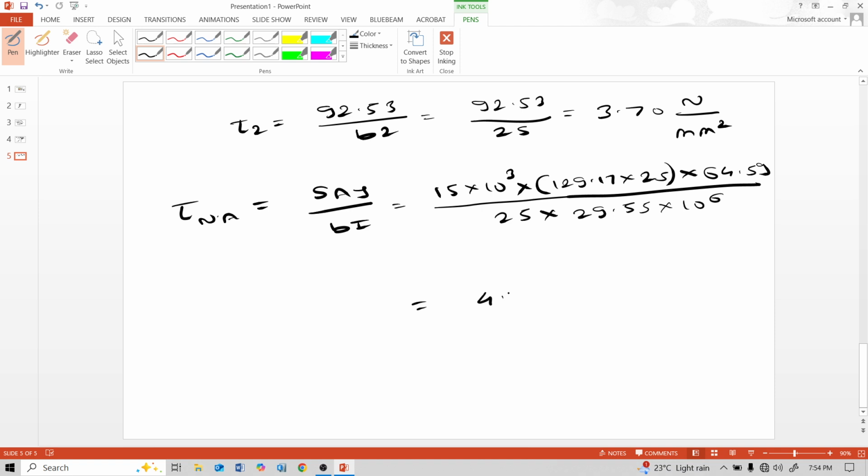This gives 4.24 Newton per mm square, which is the maximum shear stress.